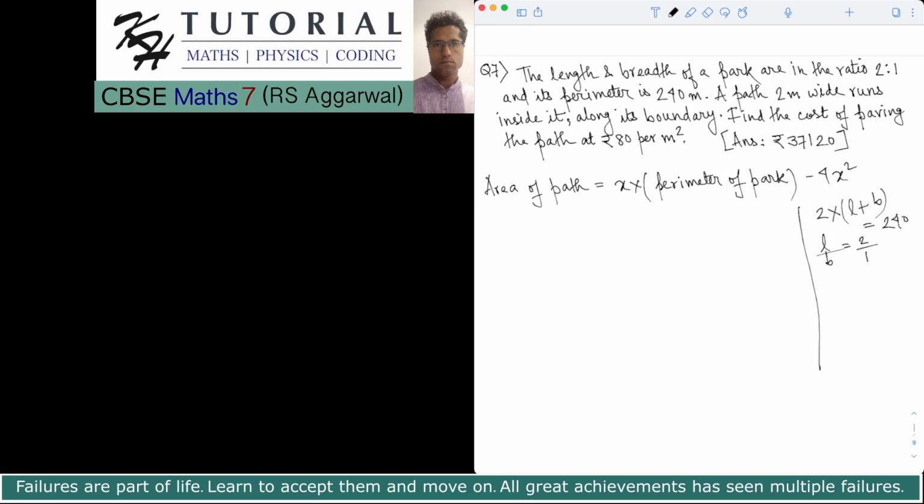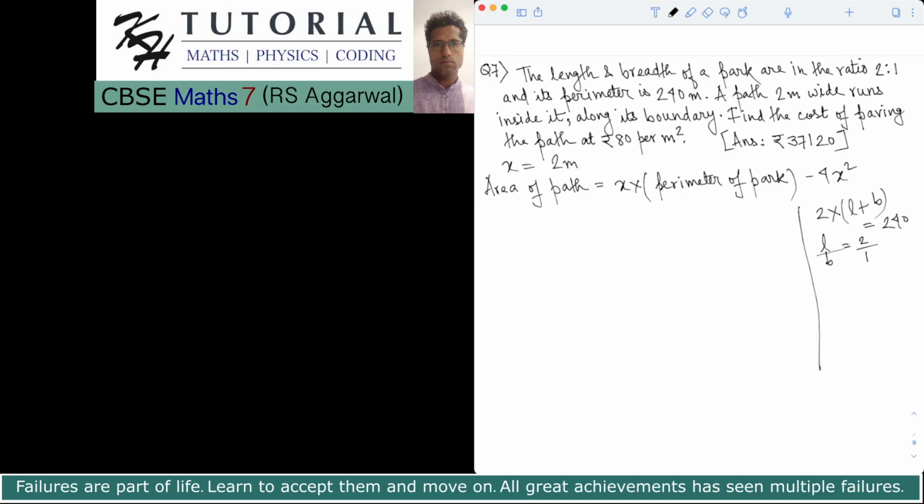But if you know this formula, that if the path is inside the rectangular plot, the area of the path becomes x multiplied by the perimeter of the park, in this case it is a park but in general the perimeter of the rectangular plot, minus 4x square, where x is the width of the path. In this case x is given to be 2 meter, so I am applying this formula.